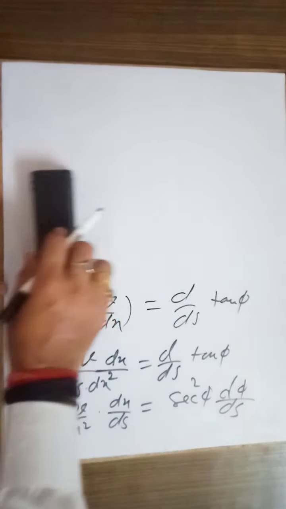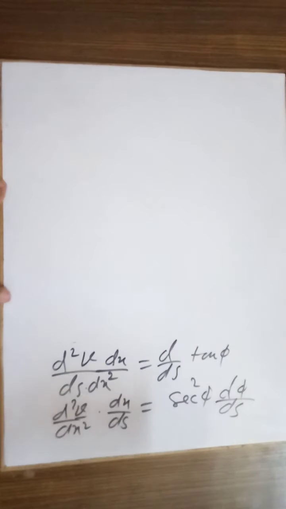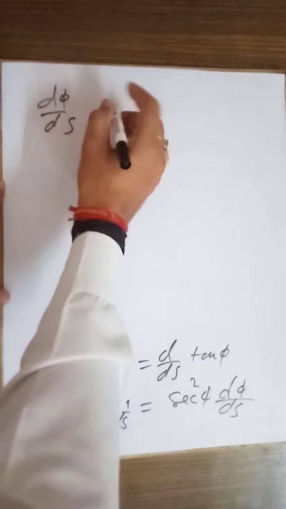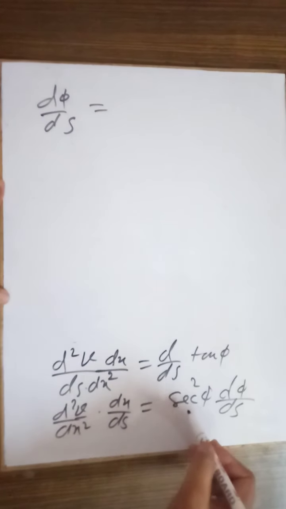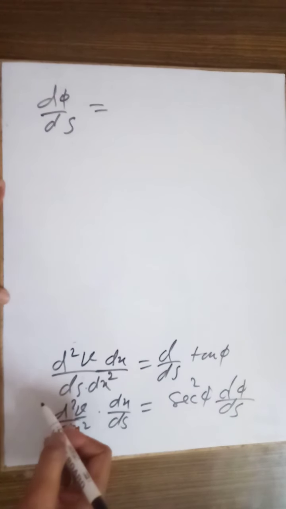because the board is very small and I have to arrange the space on the board again and again. So here we can write d phi by ds, and that can be written as this term. This is sec square phi, so it will be cos square phi on the left hand side.